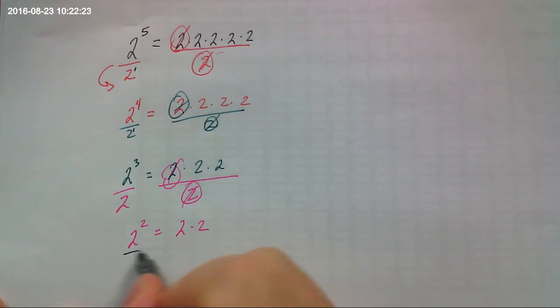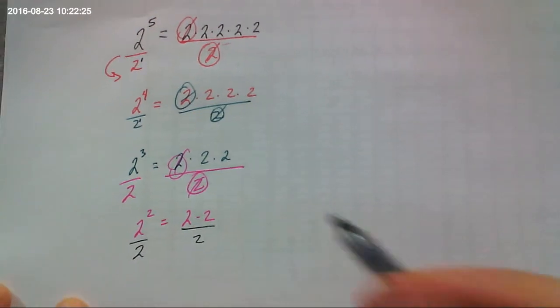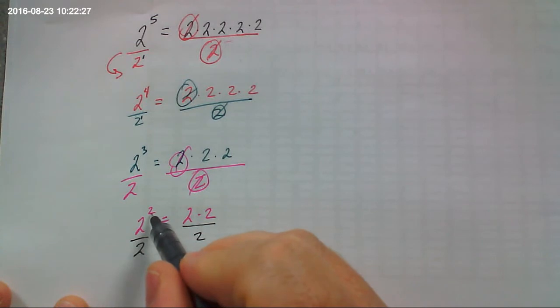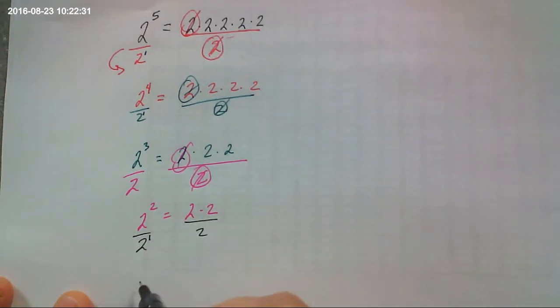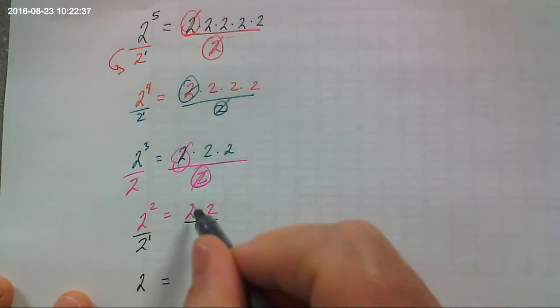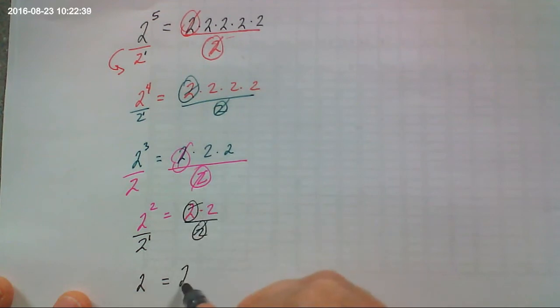I'm going to divide by 2 again. 2 minus 1 is 1. I don't need to write 1, there's an invisible 1 there all the time, and that's equal to just plain old 2. So 2 to the 1 does equal 2. Anything to the power of 1 is equal to itself, because there's just one of them sitting there and multiplying.